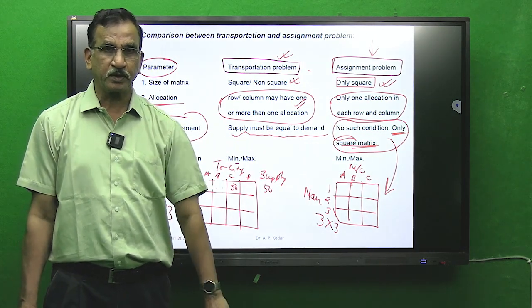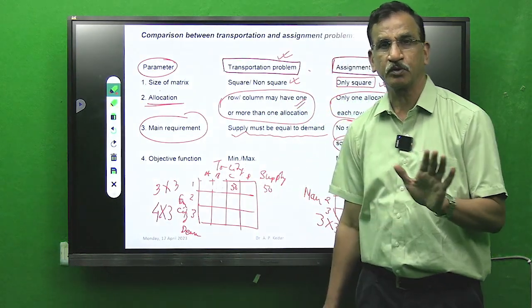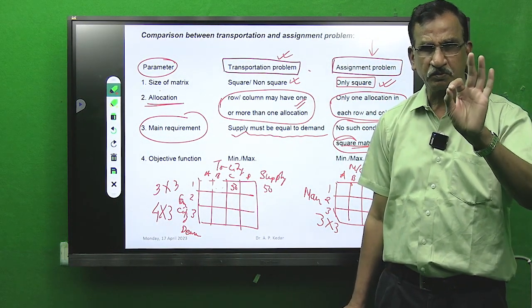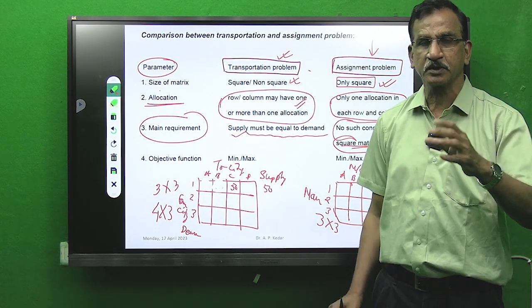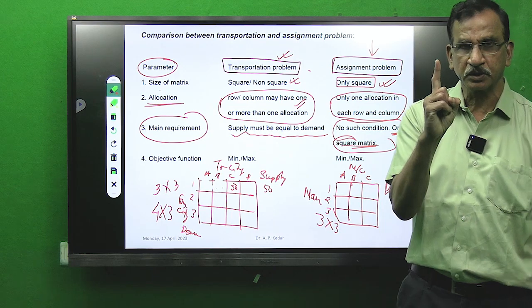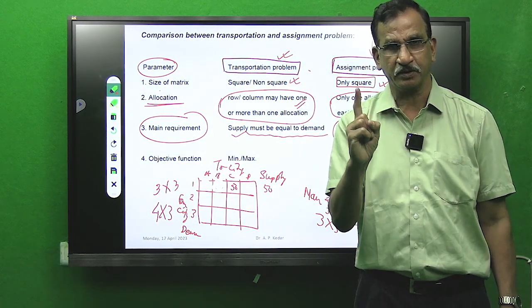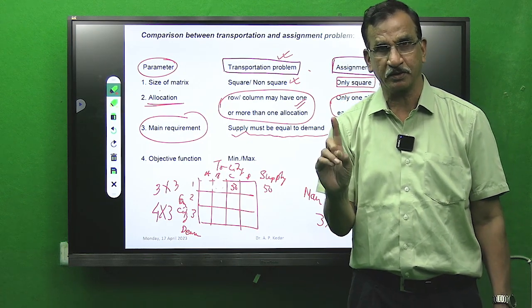If it is a non-square matrix and you attempt the assignment problem, it will not work. For the assignment problem, whether it may be maximization type or minimization type, the very first condition will be that it has to be a square matrix. Got it? Students, it has to be a square matrix.